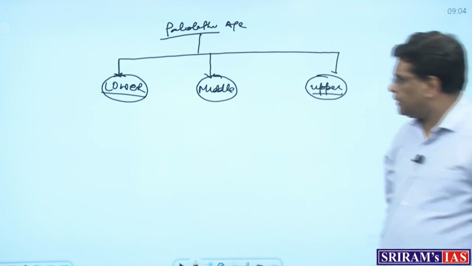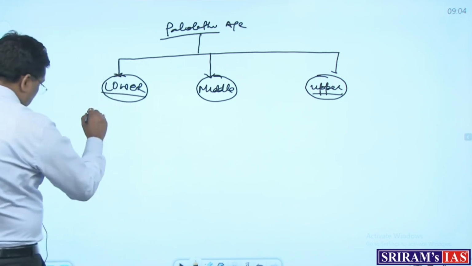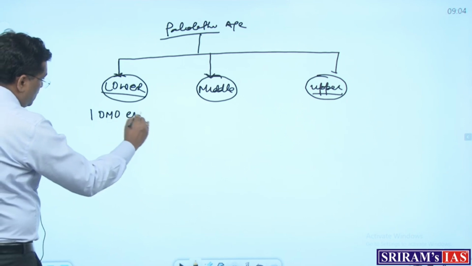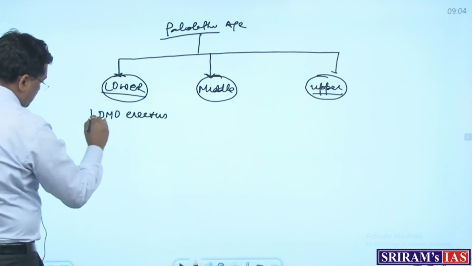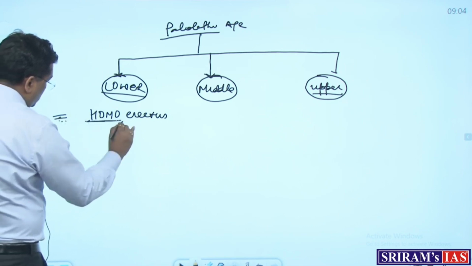It was said that in Lower Paleolithic, the human was yet to become human: Homo erectus.